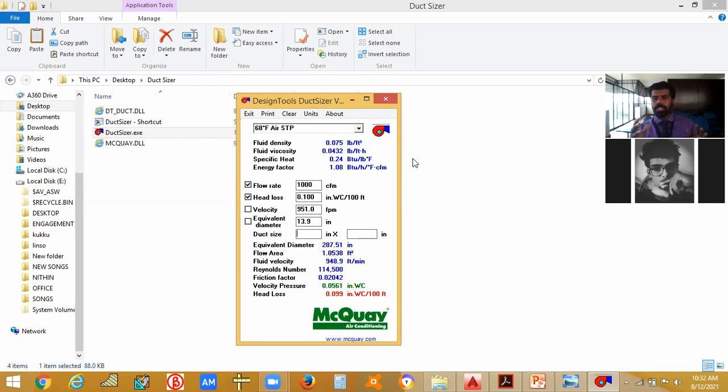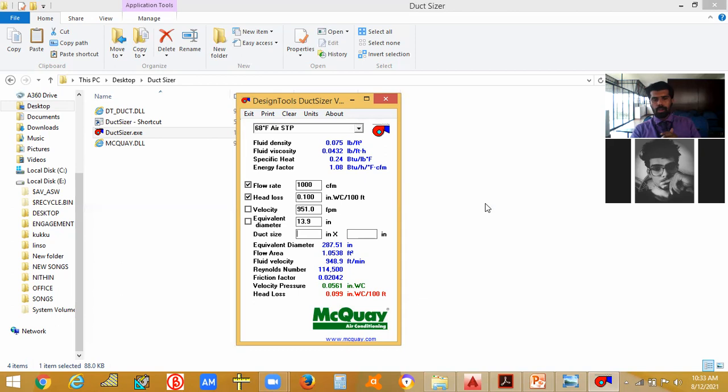So if you want to change its unit, you can go here and you can change the unit in mm also. Why? Because normally we will be designing in mm or centimeter, like that. That's why we are changing the units. So if you are designing in inches, you just directly take this value and give it in the design or CAD drawing.